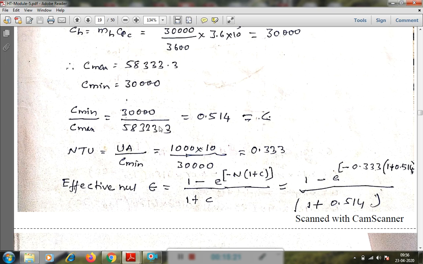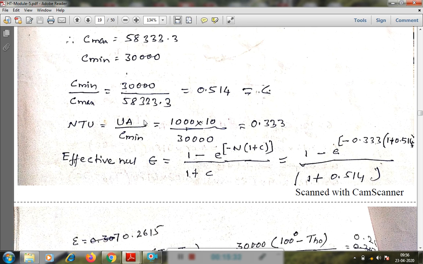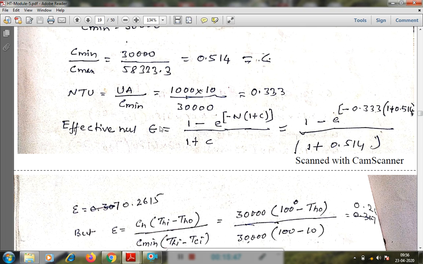C is C min by C max, that is 30,000 by 58,333, which is 0.514. Then NTU, number of transfer units, can be given as UA by C min. U is 1000, area is 10, divided by 30,000, that is 0.333, so we get the NTU.